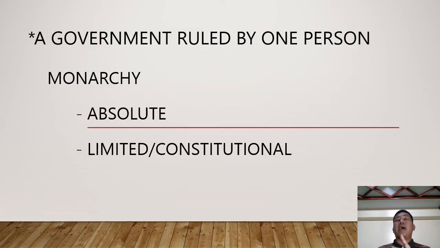But there is the second head, which is the head of the government, who runs the affairs of the government, who executes the laws, who makes the laws work in the government. That's the head of the government. And in the United Kingdom of Great Britain and Northern Ireland, the head of the government is the prime minister. So that is absolute versus limited or constitutional monarchy.